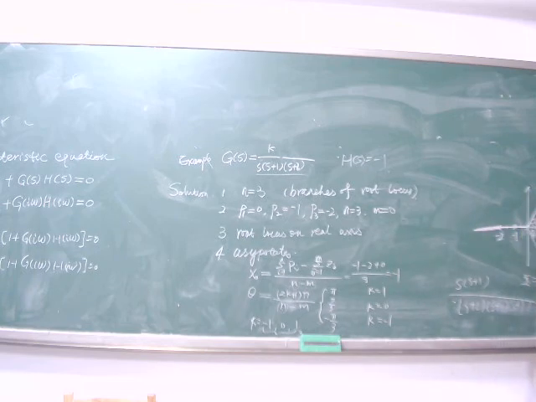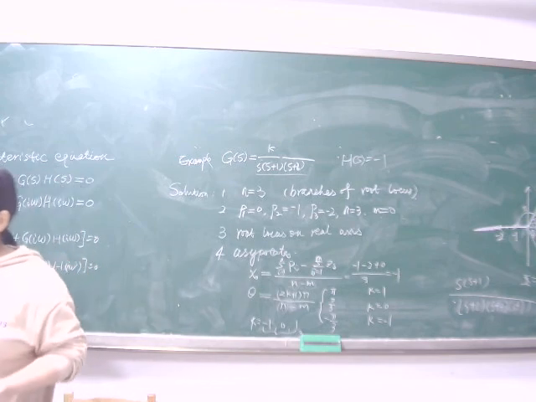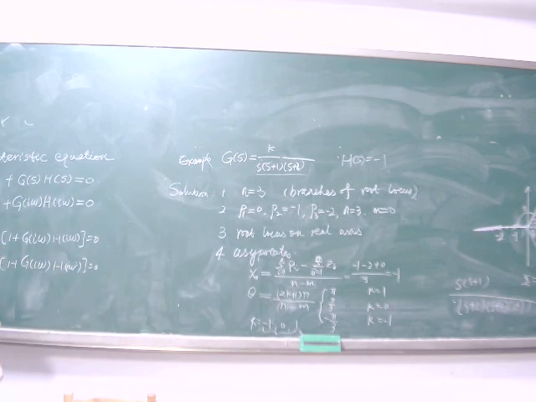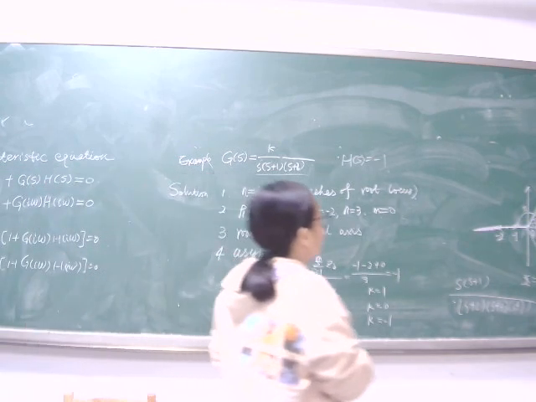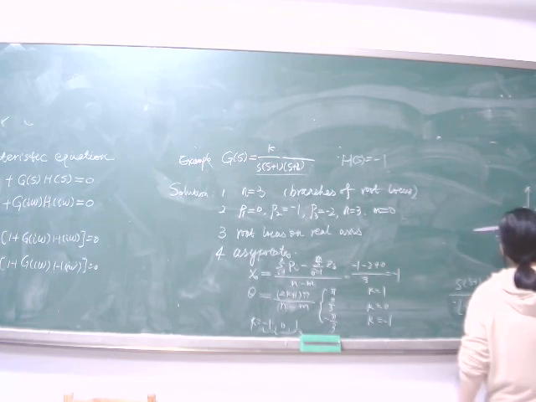This angle is pi. So there are 3 asymptotes, the root locus has 3 branches.